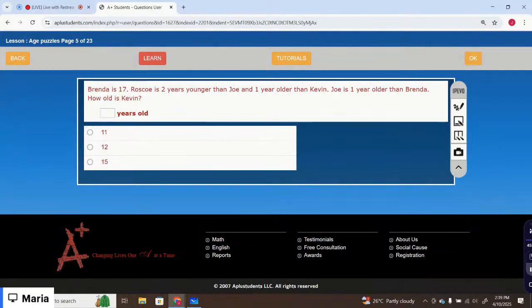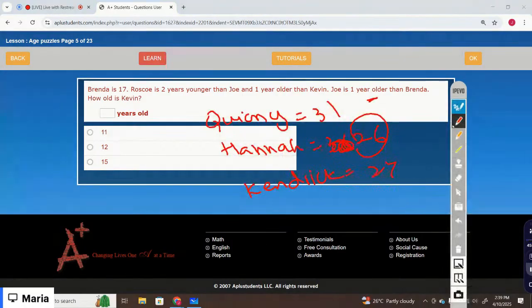Brenda is 17. Roscoe is 2 years younger than Joe and 1 year older than Kevin. Joe is 1 year older than Brenda. How old is Kevin? Okay, Brenda is 17.